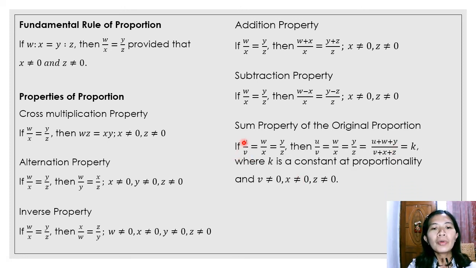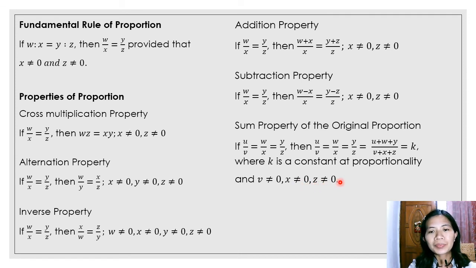If U over V is equal to W over X equal to Y over Z, then U over V equal to W over X and equal to Y over Z is equal to U plus W plus Y all over V plus X plus Z, equal to K, where K is a constant of proportionality and V, X, and Z should not be equal to 0.